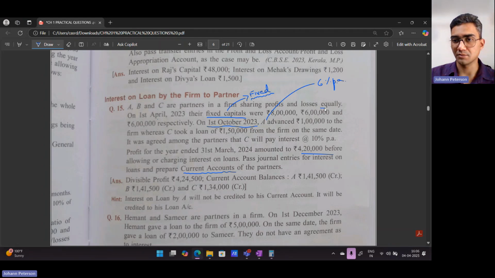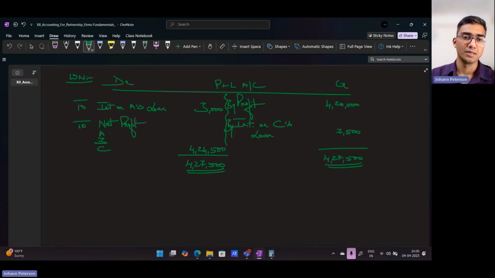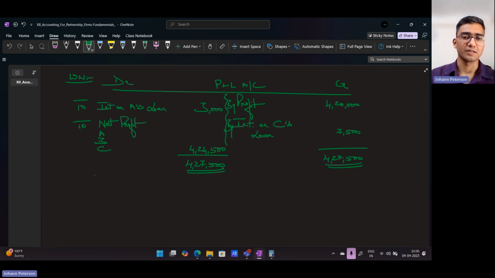It was just told to us that it was divided equally. So the ratio is equal, 1:1:1. So we will divide 424,500 into three parts, which comes out as 141,500 each.